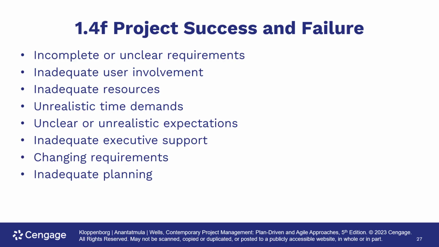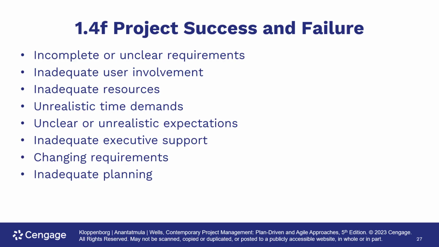So let's talk about project success and failure. Listed below here is a list of some characteristics of project success and failure. Incomplete, unclear requirements, inadequate user involvement, inadequate resources, unrealistic time demands, unclear and unrealistic expectations, inadequate executive support, changing requirements, inadequate planning.